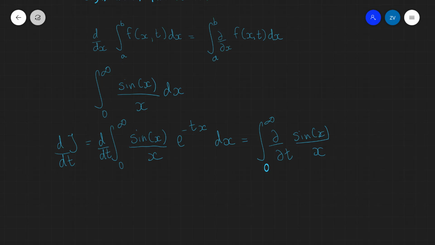And then this of course is multiplied by e to the minus tx dx.